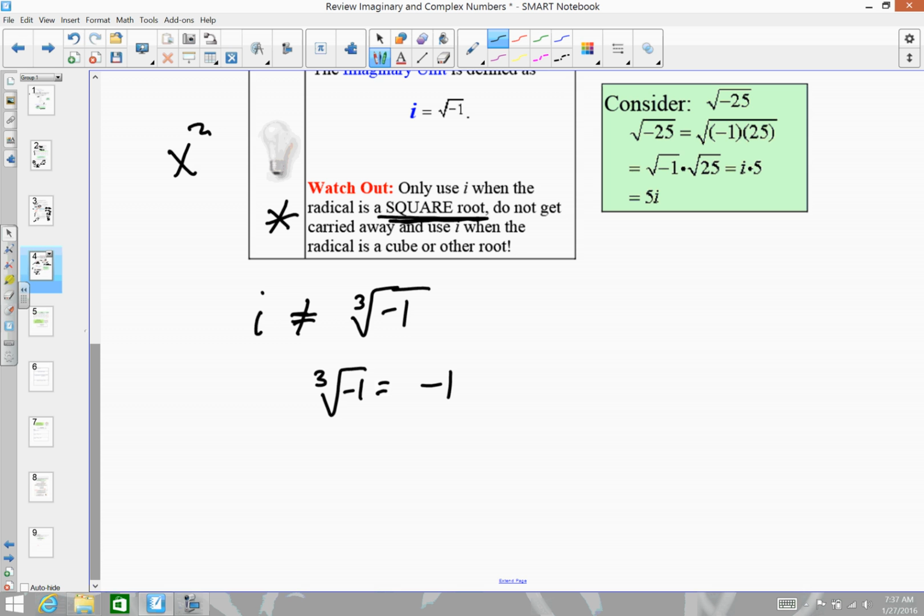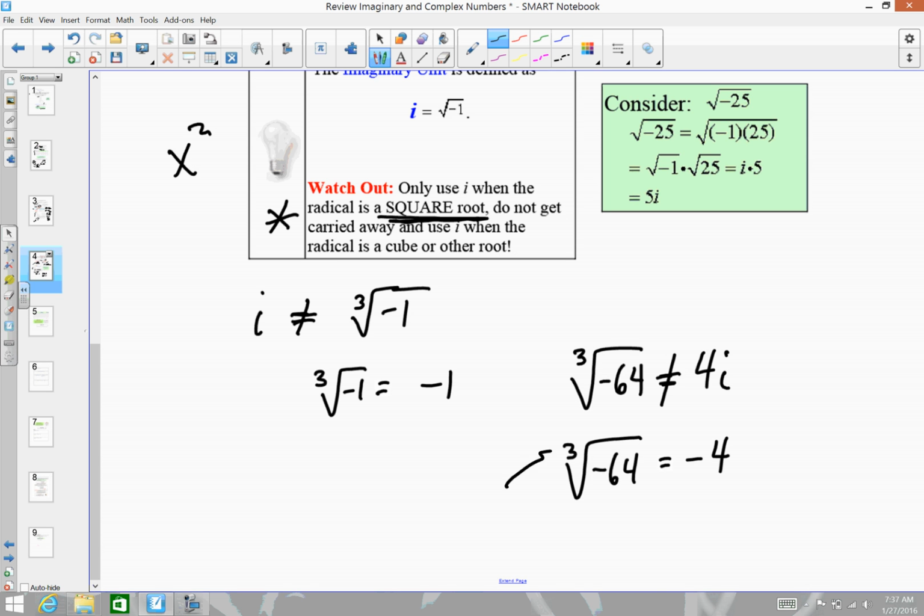Okay, I'll give you one more example. Let's say you are finding the cube root of negative 64. Do not think that I'm going to pull out the square root of negative 1 as an i, and then tell me that the cube root of 64 is 4, and give me something like this. This is not true because the cube root of negative 64 is equal to negative 4.